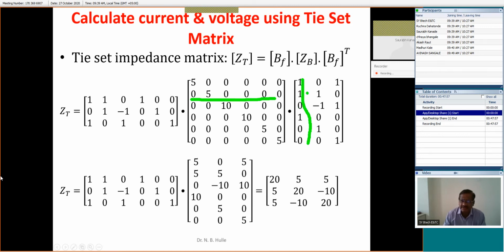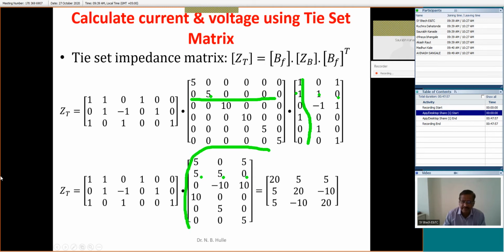Only check these elements, because all the others are 0. 5 into 1 is 5, plus 0, so it is 5. Check the second number of this column: 5 into 1 is 5, the remaining entries are 0. Then the second is 0, because the remaining are 0, so 5 into 0 is 0.